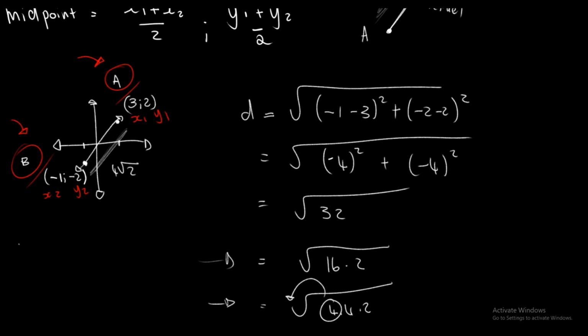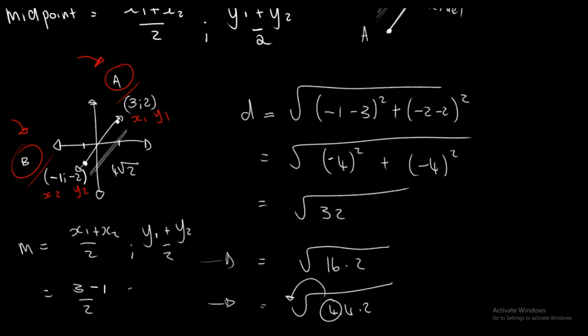What about the midpoint? Well, to find the midpoint, we just add our x's together and divide by 2. Add my y's together and divide by 2. So let's add our x's. We have 3 plus -1, so it just becomes -1 over 2.